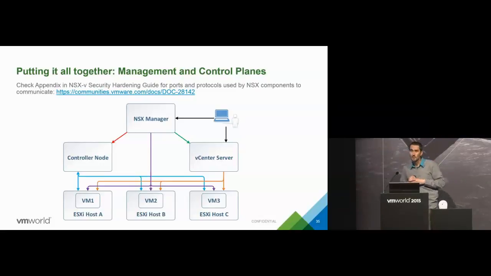We have a nice document published on the communities, which describes all the necessary firewall rules and basically lists who talks to whom on what protocols and ports, so that you can configure your underlying infrastructure correctly, so nothing is blocked and everything is working as expected.